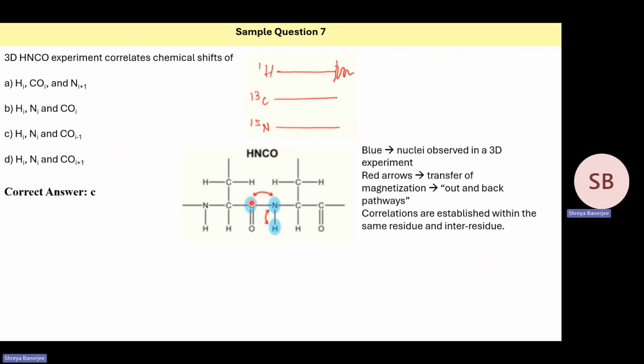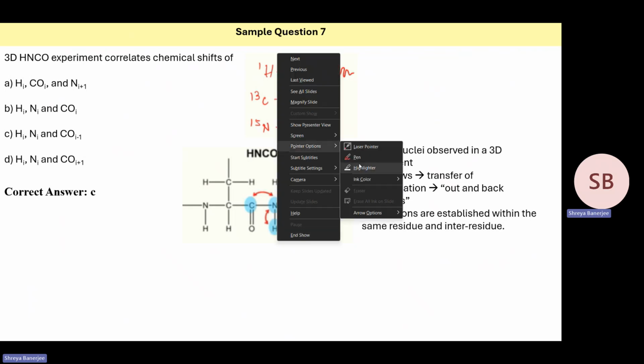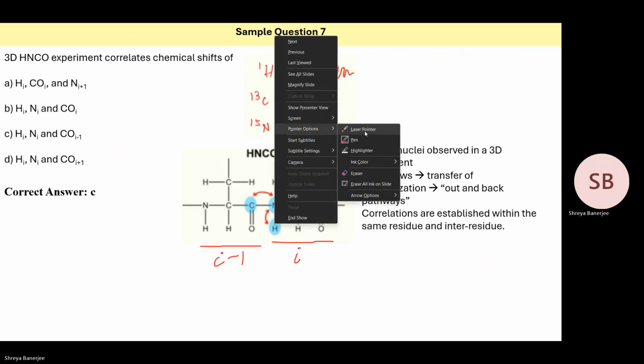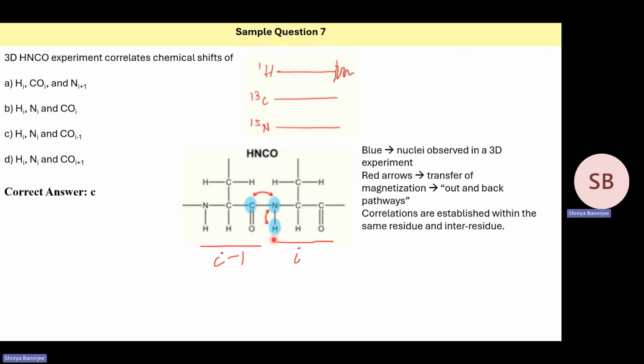And again, from carbonyl carbon, it goes back to the amide nitrogen and back to the amide hydrogen. So if we just consider this as I and this as I minus 1, the HNCO is correlating H of I, N of I, and CO of I minus 1. That is option C. So option C is the correct answer.